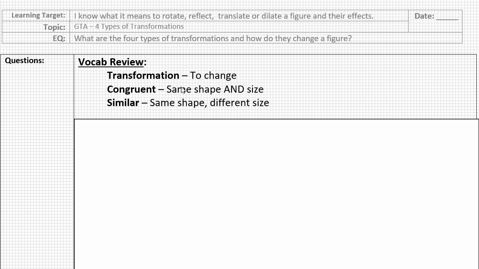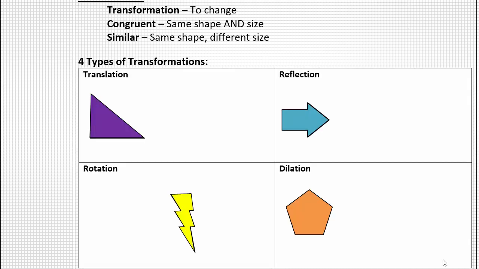Let's take a look. Here are the 4 transformations we'll be discussing today: a translation, reflection, rotation, and dilation. Please take a moment, pausing the video, to copy down this table and the 4 shapes we'll be using to look at each type of transformation.